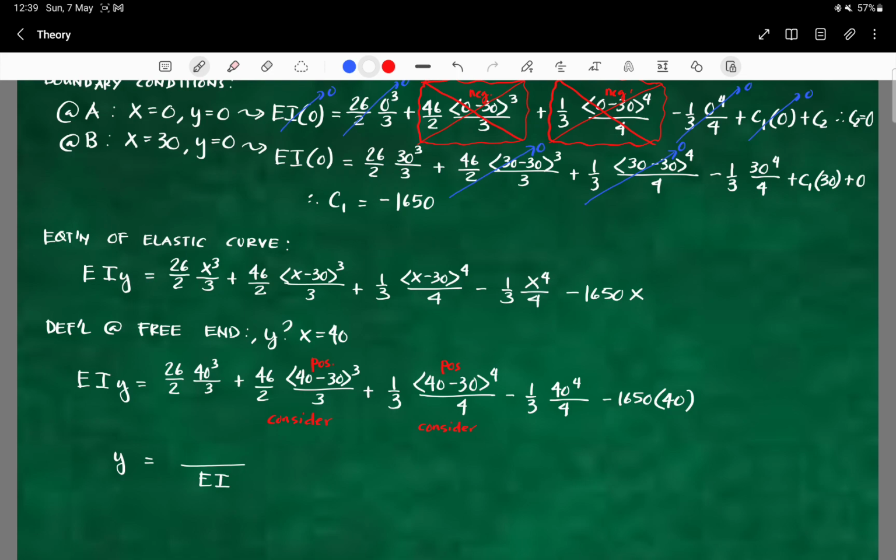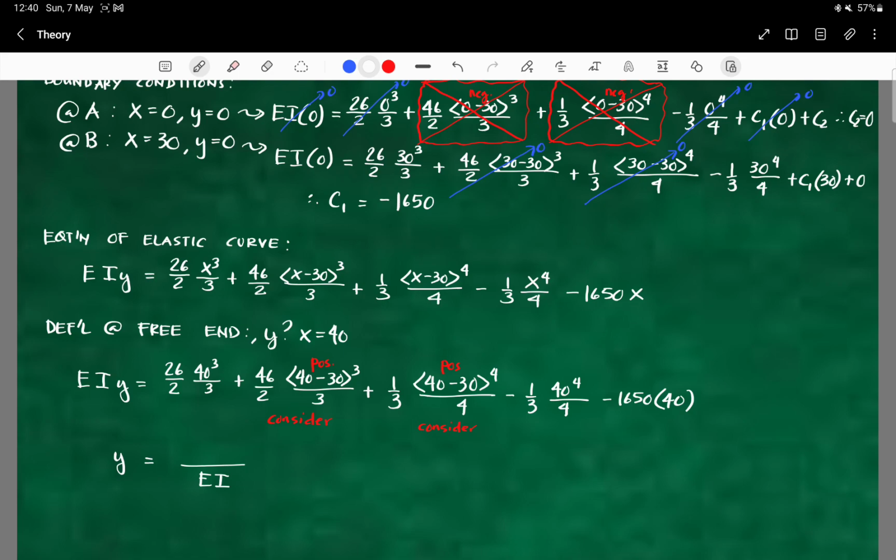26, 46 divided by 2. And then we have 10 cubed over 3 plus 1/3, again this is 10 to the power of 4, minus 1/3 of 40 to the power 4 over 4, minus 1,650 times 40.